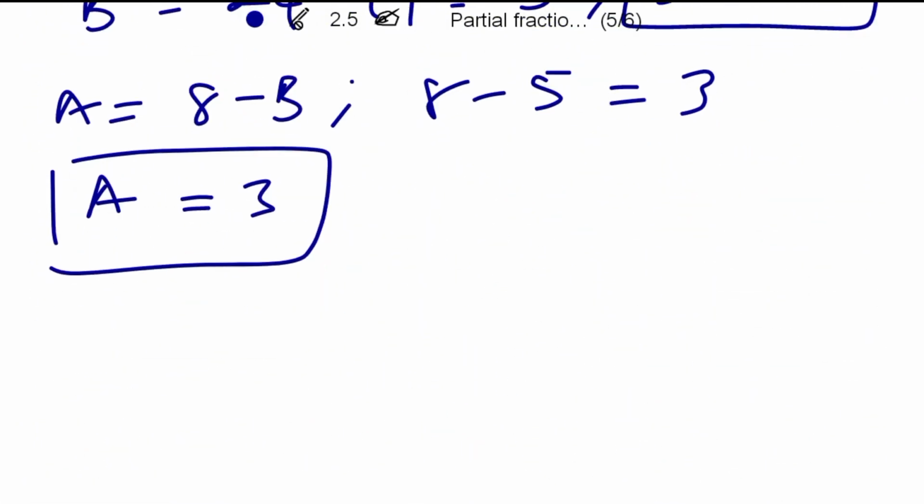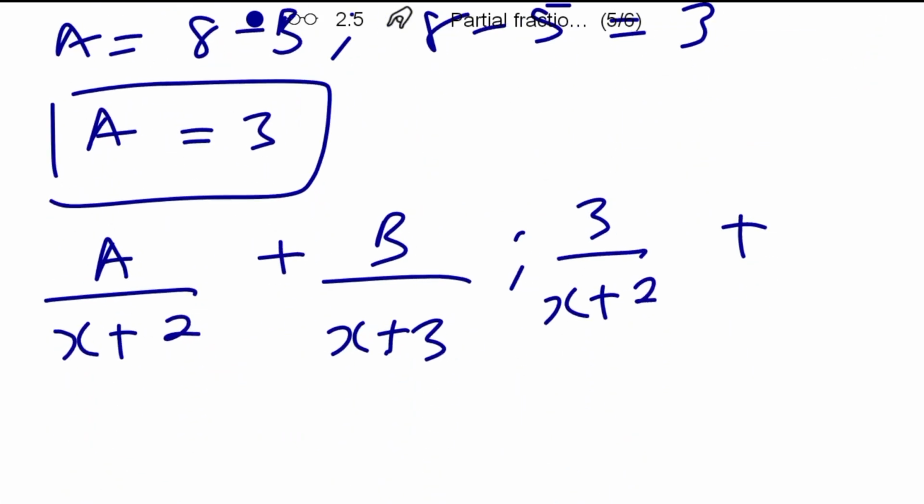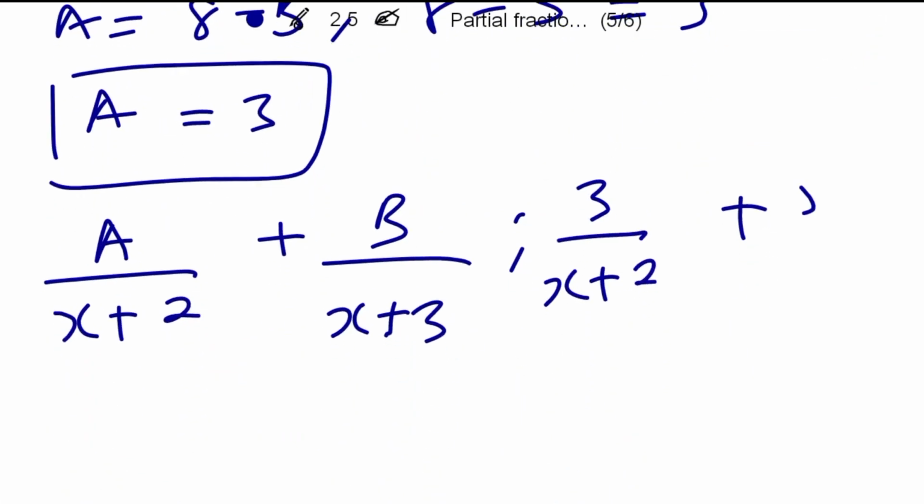So this becomes: A is 3, so 3 over x plus 2, then plus B. What's the value of B? 5. So 5 divided by x plus 3.